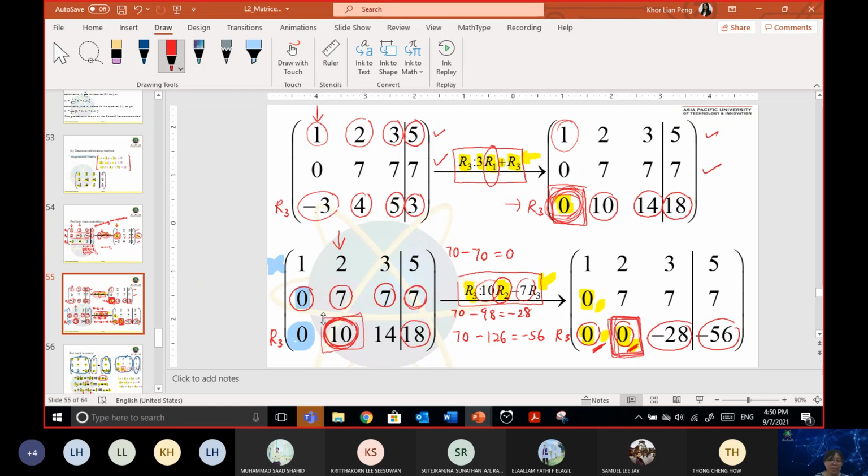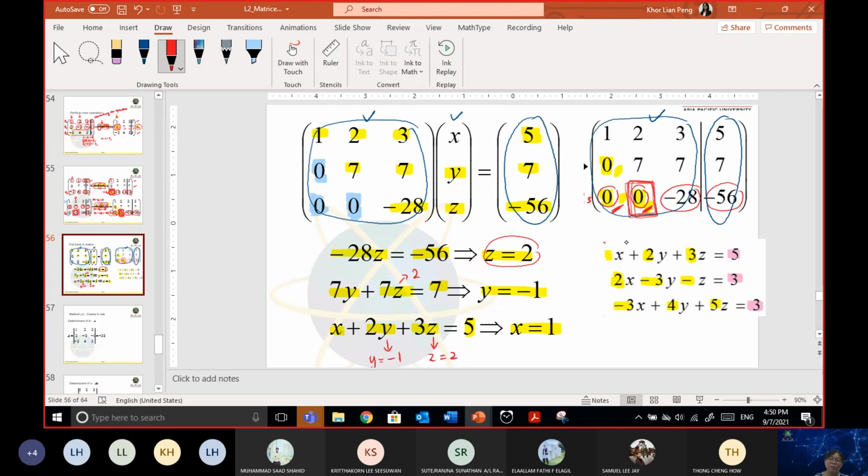Our purpose is to make this a 0, so we conduct the row operation on the third row again. Once we get the 3 zeros here, we can proceed to solve for x, y, z. So you should rewrite your matrix as this.